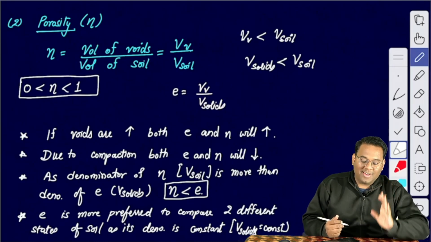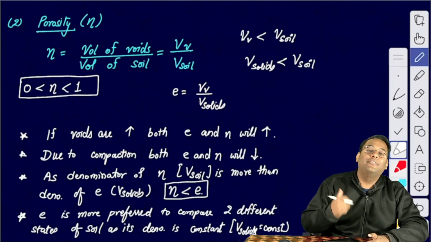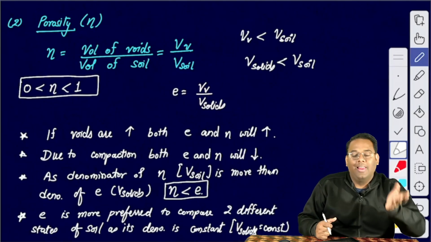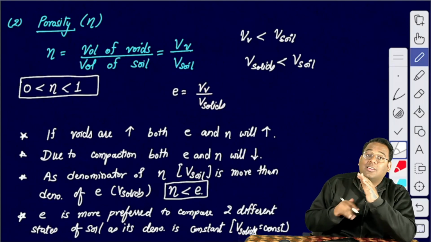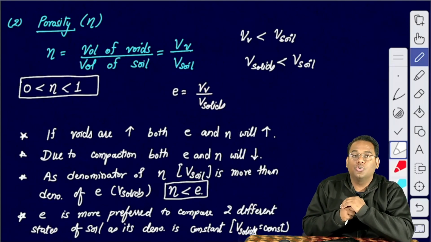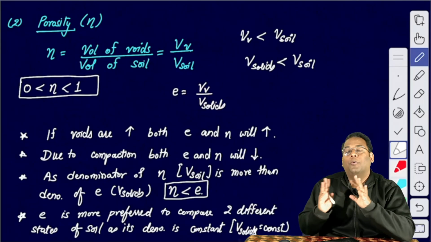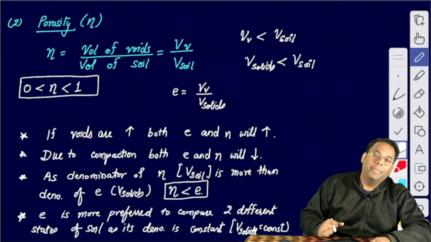So now you understand why we do this. And now let us move ahead to the next part, and that is the relationship between void ratio as well as the porosity in our upcoming lecture.